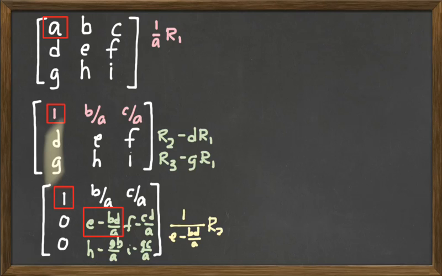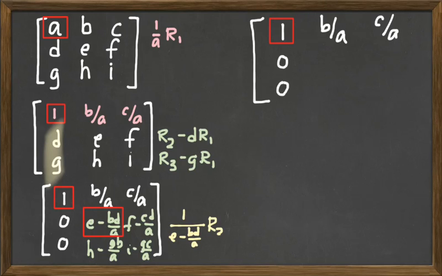So we're kind of trying to contain the mess a little bit here, because we're still going to have 1 in that first row by itself, and the first row is still going to be the same. It's still just going to be b over a followed by c over a. And then I still have 0, 0 down the first column.